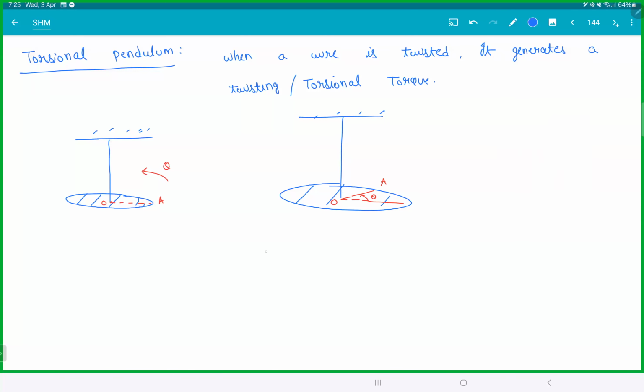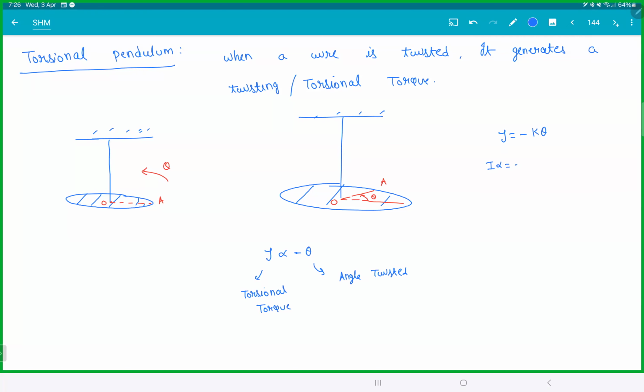And this torsional torque is proportional to theta. The torque is proportional to minus theta. This is your torsional torque, or this is your angle twisted. So we can write this torque is equal to minus k theta.